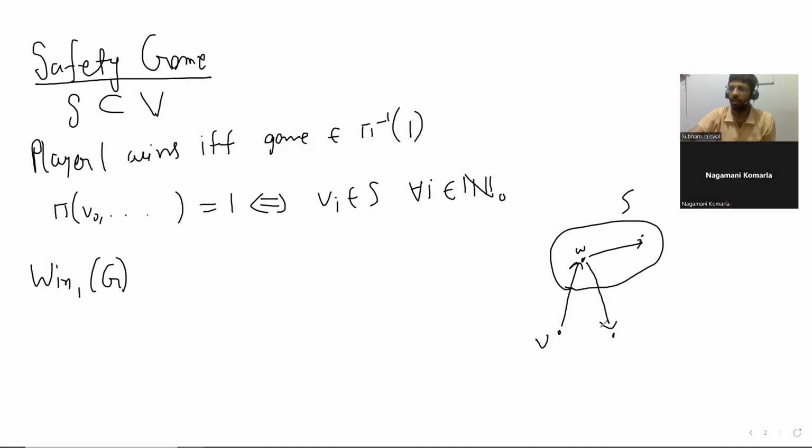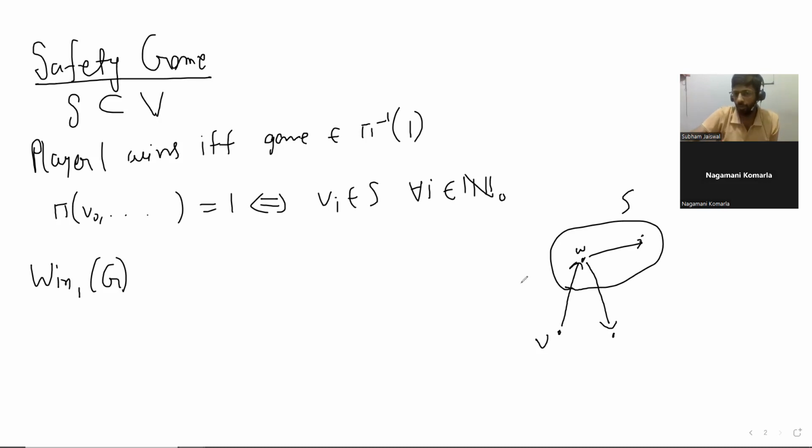So then this W is not a safe vertex, right? After that point, all the moves have to remain in S.